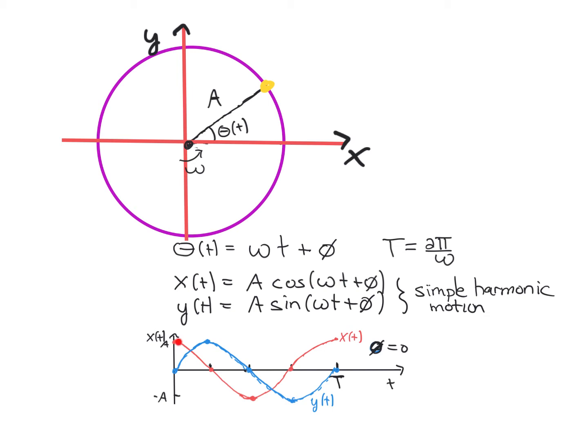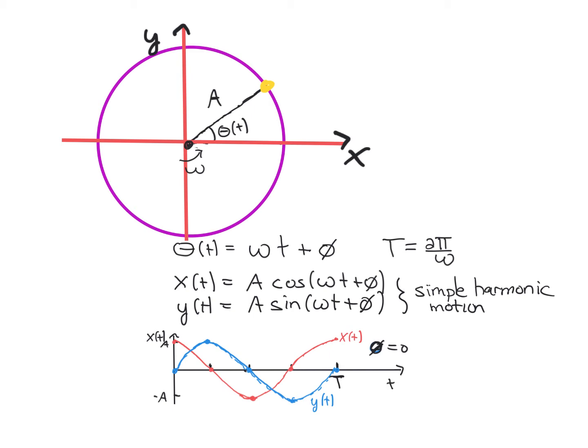So at time 0, the x of 0 is going to be equal to plus A. And the function is going to go through one full cycle of its motion in a time period T, and again, T is simply related to this constant omega by 2 pi over omega.